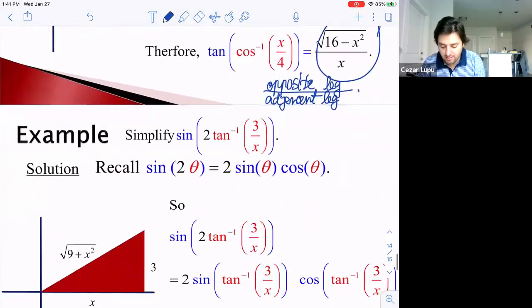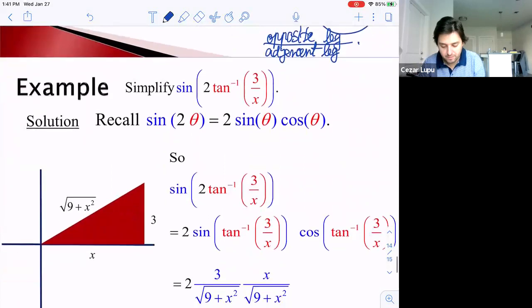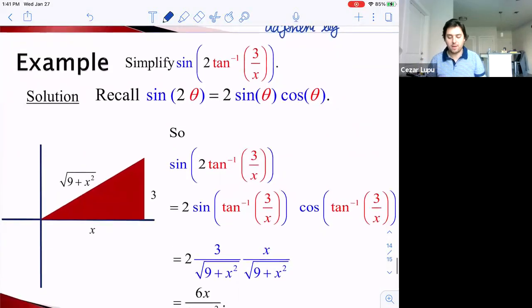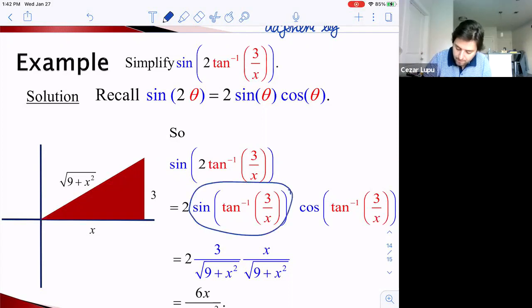So sine of 2 times the tangent inverse of 3 over x is nothing else than 2 sine of tangent inverse of 3 over x times cosine of the same thing. And now by just doing the same procedure, this guy will be this guy, and this guy here will be this guy.